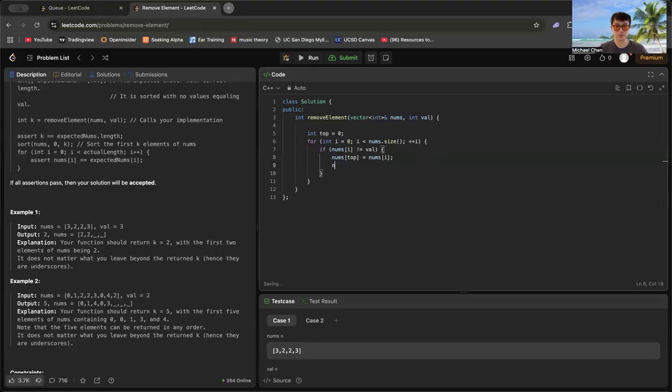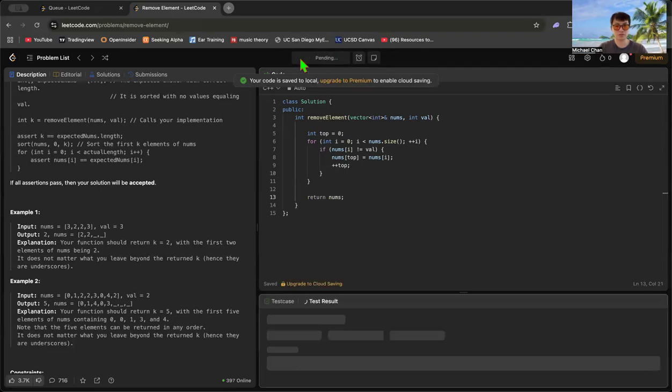And then what will happen is nums top and the top will increase. And then pointer will just flow forward until everything switches, right? And then here, nums. I think something like that.